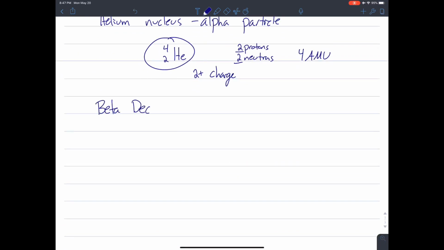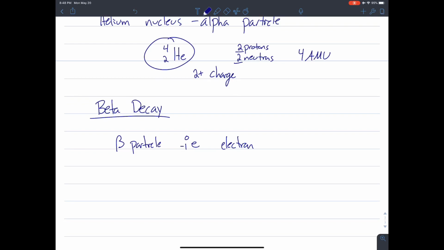Beta decay. So in beta decay, you lose a beta particle, which is basically an electron. So we have this, 0, -1. Okay, so this is an electron.